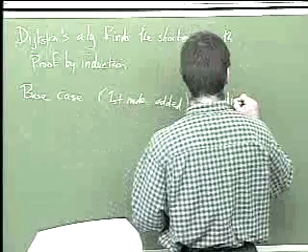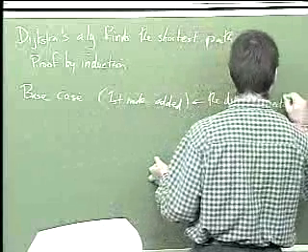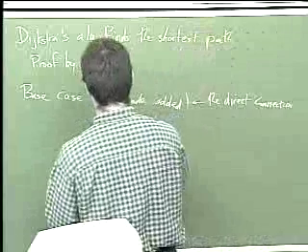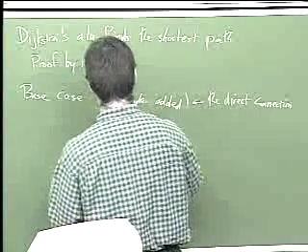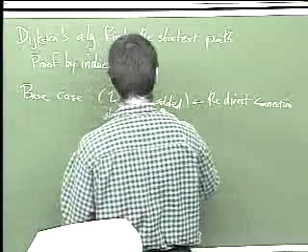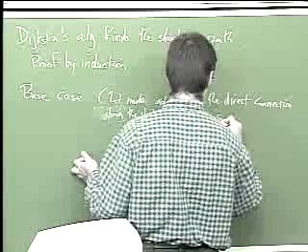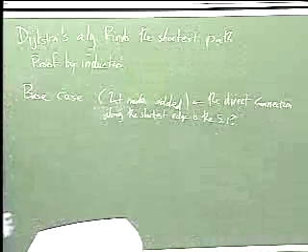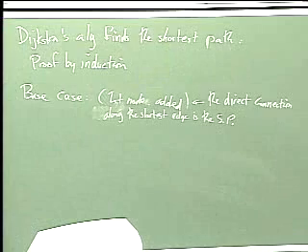The direct connection to the closest node along the shortest edge is the shortest path. Okay?